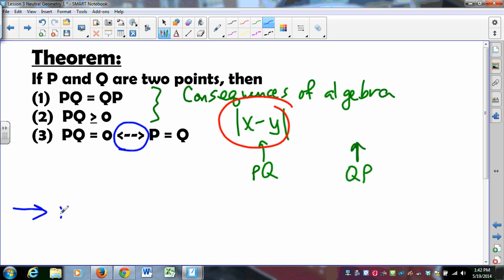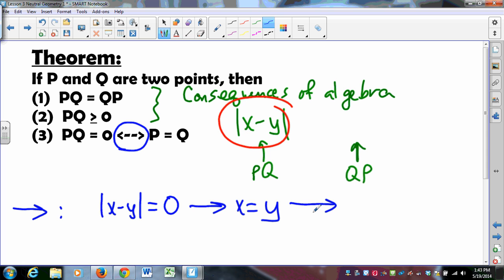So if PQ is 0, then the absolute value of x minus y is 0. Well, there's only one way for the absolute value of x minus y to be 0, and that's if x is y, and x corresponds to some point P, and y corresponds to some point Q, and our relationship is 1-to-1, which means that P and Q are uniquely determined. That's the idea behind the one-to-oneness of the relationship.